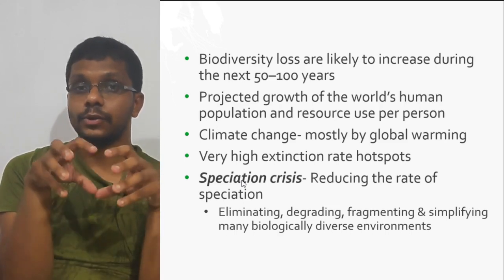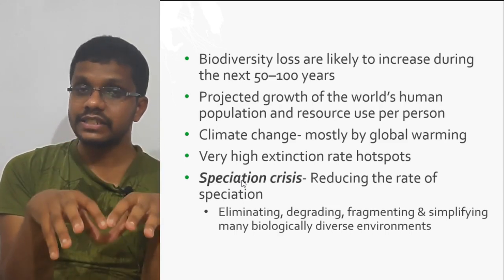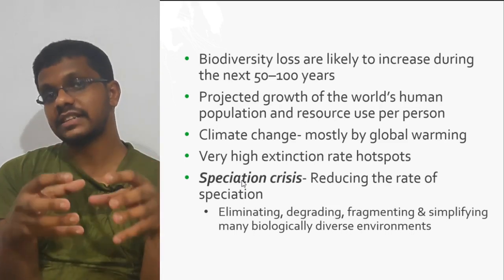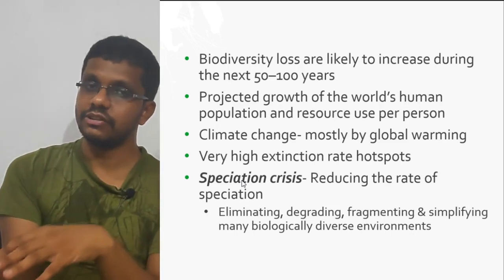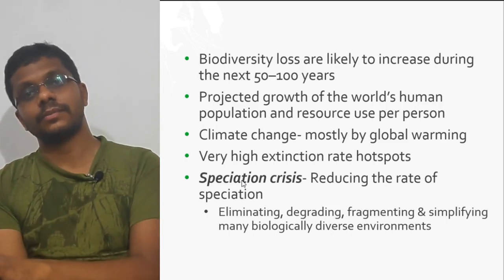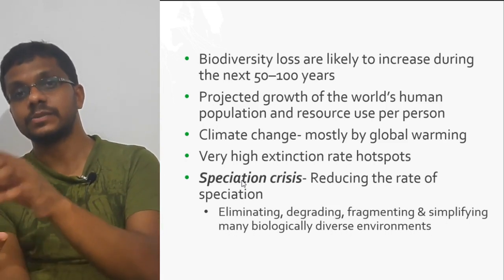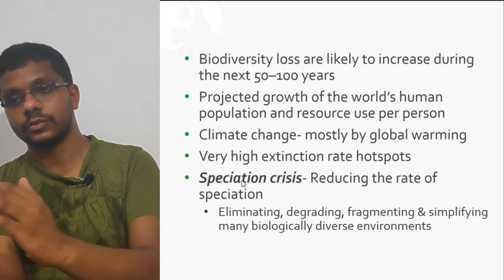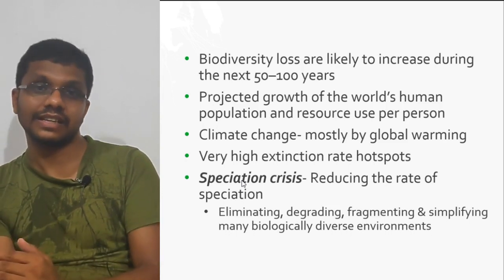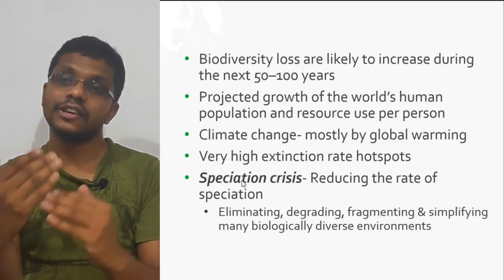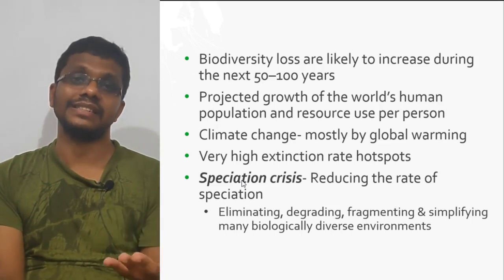These areas are known for biodiversity, and speciation used to occur there so frequently. Because of the destruction of these areas, the speciation rate has also decreased. So because of the reduced speciation rate and increased extinction rate, we are right now in the middle of a speciation crisis.